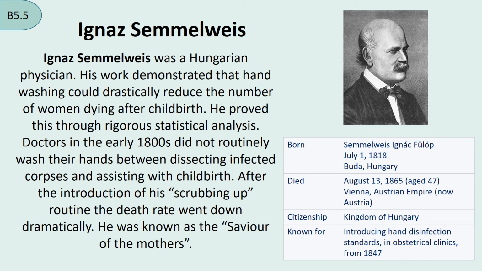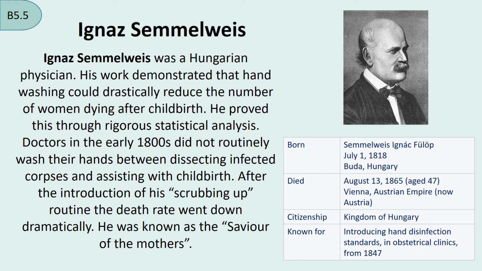He looked into why that was, and he used data to prove his ideas. Doctors in the 1800s would wear a suit and a jacket and a top hat, and they would perform surgery on one patient and then move to another patient. So if they were assisting a delivery of childbirth, they would have other people's decaying putrid flesh on them.